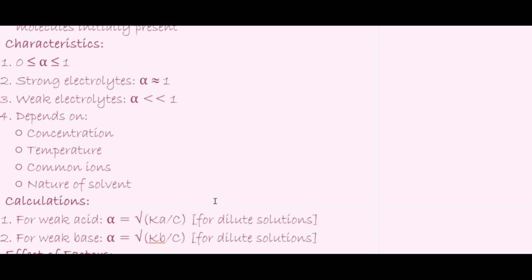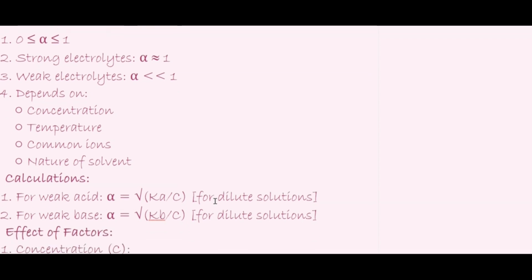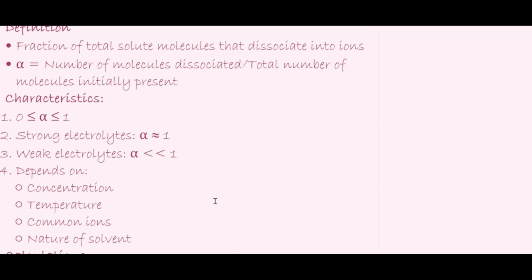In case of weak electrolytes, it will be less than 1. What does it depend on? It depends on the concentration, it depends on the temperature. More importantly, it depends on the common ion. It depends on the solvent. All these factors affect the degree of dissociation. You can expect a question using this formula also.